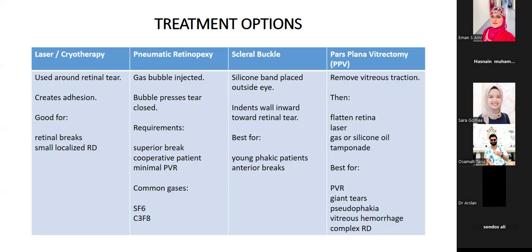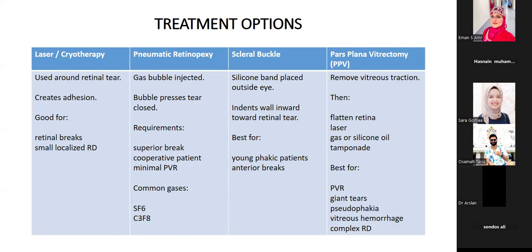retinopexy. Pneumatic retinopexy is particularly for those rhegmatogenous retinal detachments which are above the horizontal raphe, that is from 9 to 3 o'clock position, usually with one or two breaks in the same plane. For pneumatic retinopexy, the macula has to be on or partially detached.